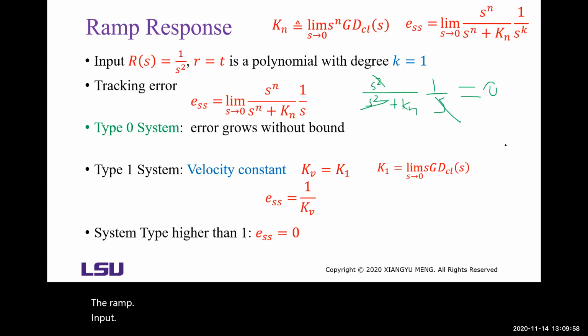Then type 1 system can track the ramp reference input with a constant steady state tracking error 1 over K_v. K_v is the velocity constant. Then for systems type higher than 1, the steady state tracking error for a ramp signal is 0.